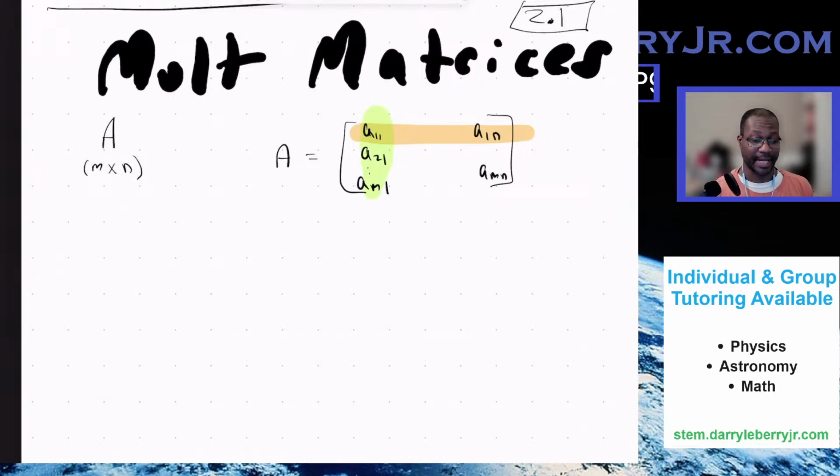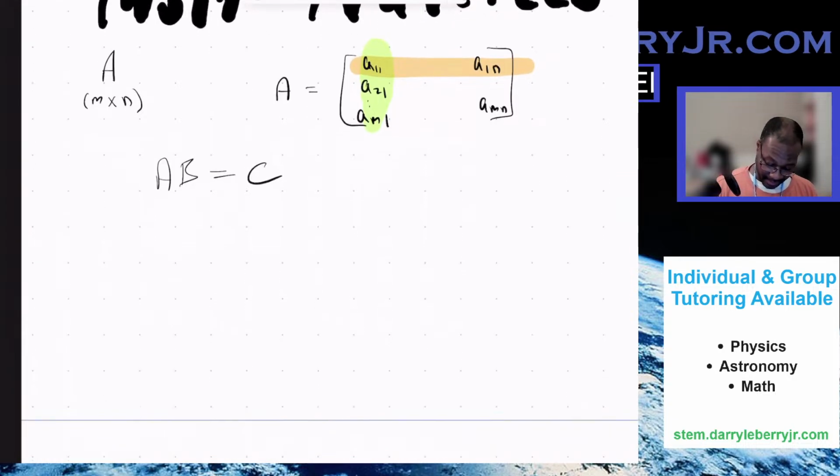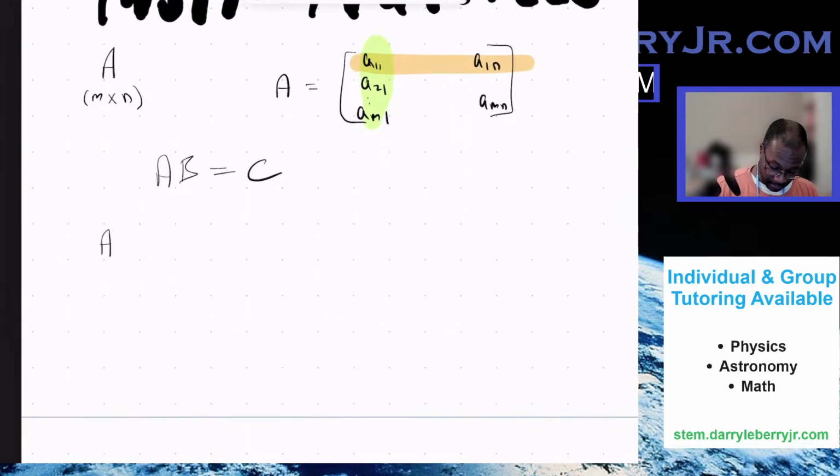And let's say we have matrix A times B equals C. So we're going to multiply matrix A by matrix B and get C. And let's say A is 1, 2, 3, 4, 0, 7.